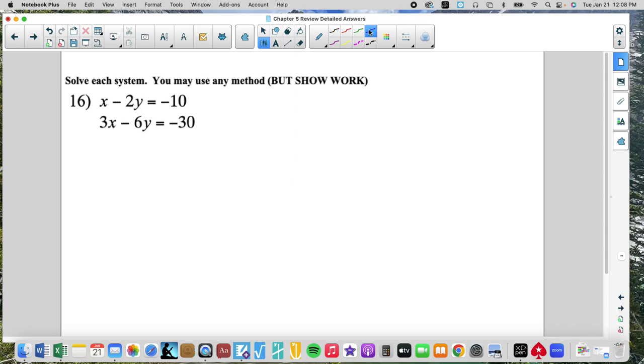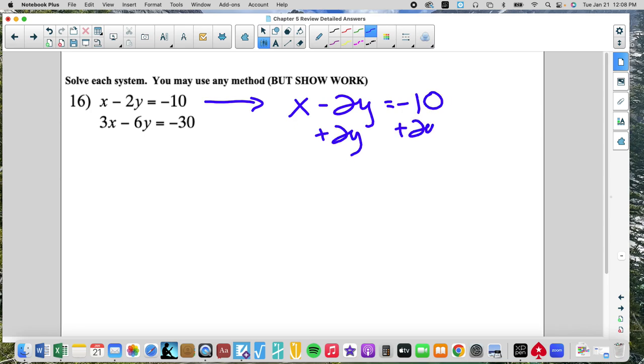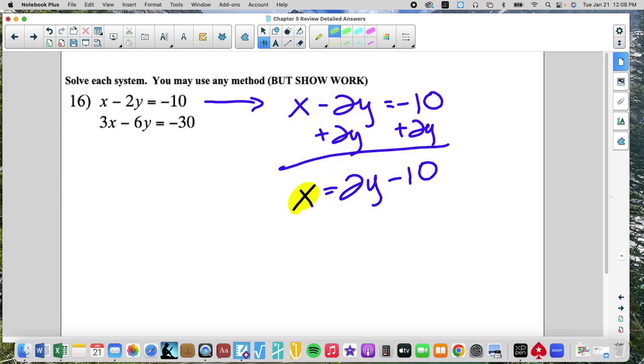Head fake on me. We're going to use substitution because I see a variable that's kind of close to being isolated, and we'll just change the method because we already used addition. So we get x equals 2y minus 10. We have a variable that is isolated in terms of the other variable.